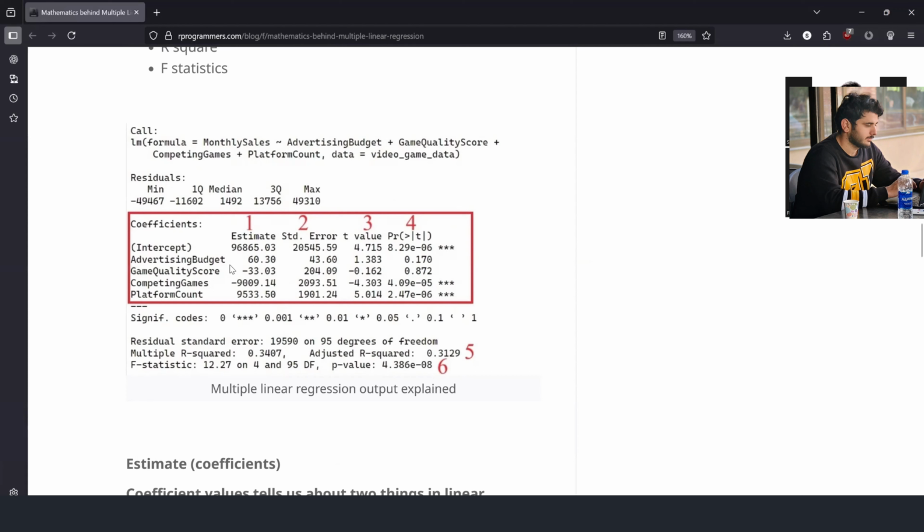Advertising budget: if we take a look at that, there are no stars and the value is greater than 0.05. It should be less than 0.05, right? It means in that particular case, our advertising budget is not doing much work. So our sales are not getting generated by our advertisement, and we have some kind of issue with our advertisement style or policy.